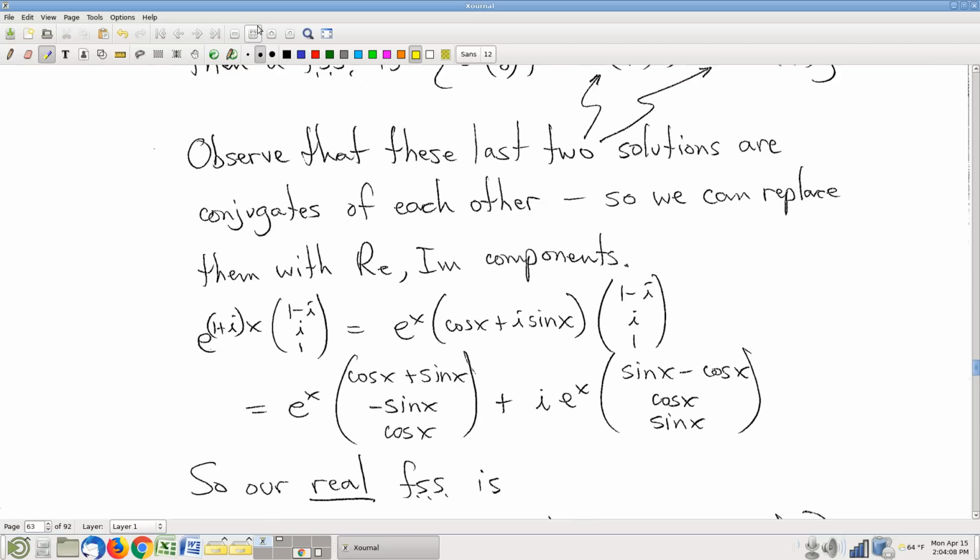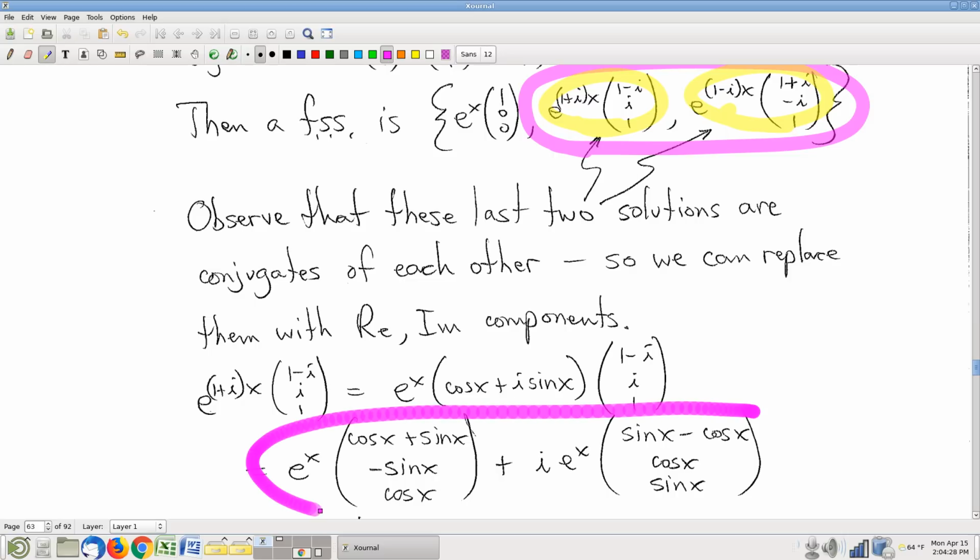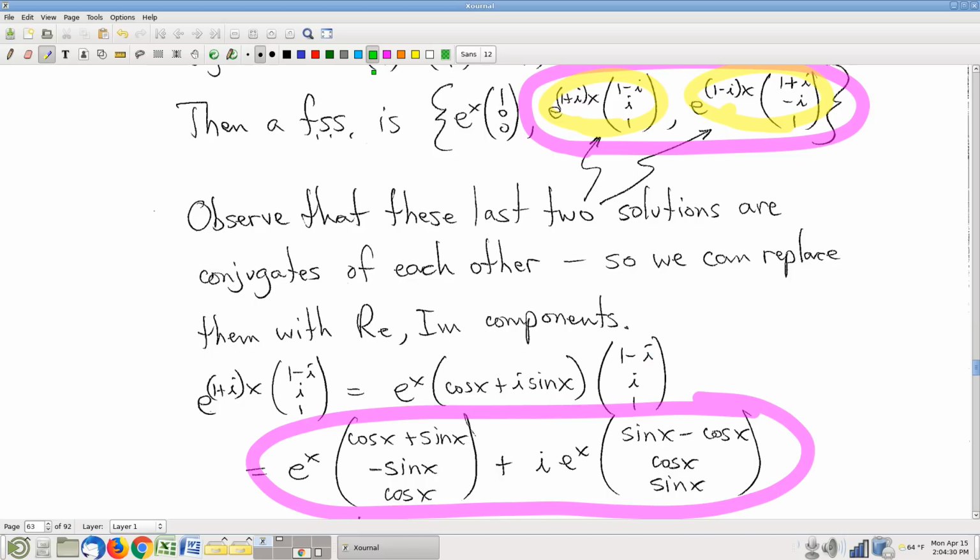Okay, so reminder of what we were doing. We didn't like these two complex valued solutions. Note that they are conjugate to each other. Just like in chapter 4, we replace a conjugate pair of solutions instead with real and imaginary parts, that and that.